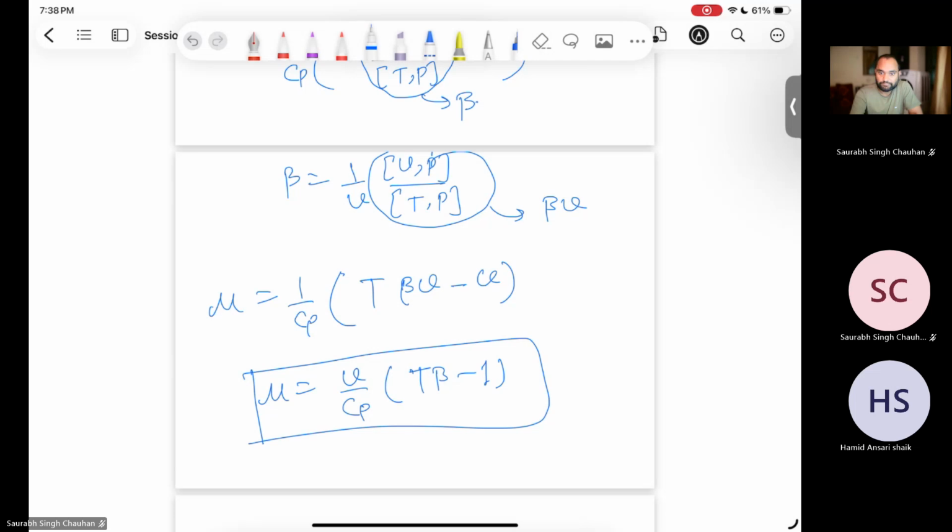So this is the Joule-Thomson coefficient in terms of specific volume, specific heat at constant pressure, temperature, and beta. So if you know the coefficient of thermal expansion, that is beta, the specific volume, and the specific heat at constant pressure, then you can calculate the Joule-Thomson coefficient.